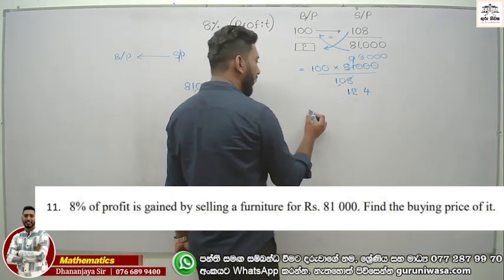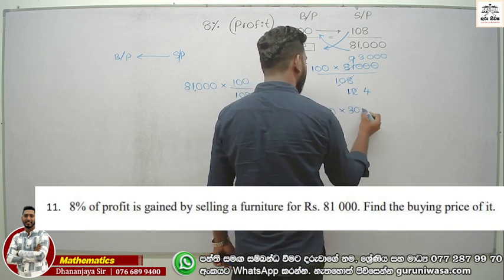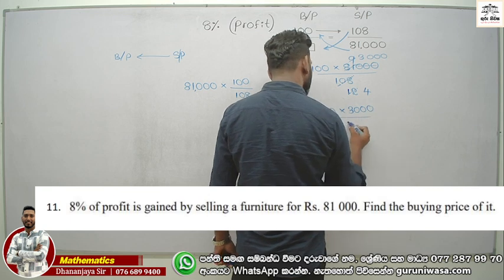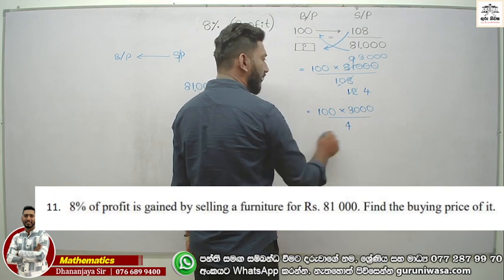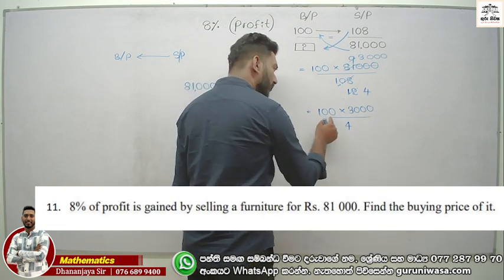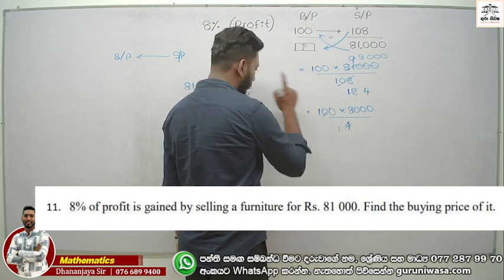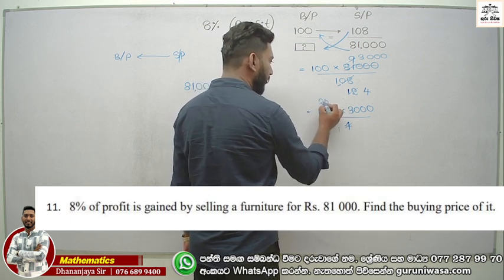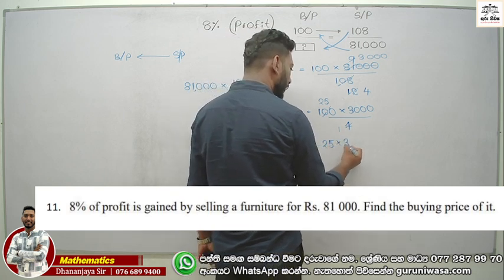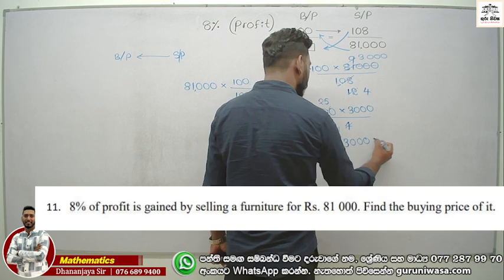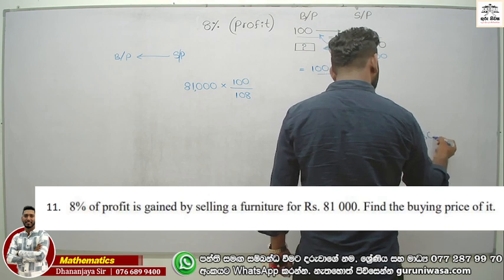Again, you can simplify: 100 multiplied by 3,000 divided by 4. Now you can divide 100 by 4, and everyone knows 4 times 25 is 100. Now 25 multiplied by 3,000, then the buying price becomes 75,000 rupees.